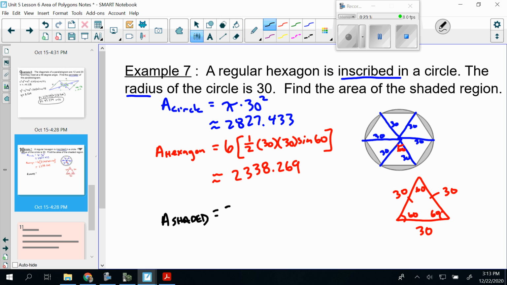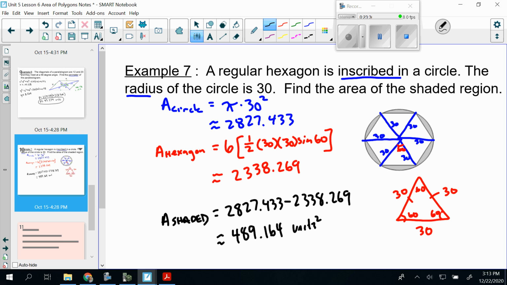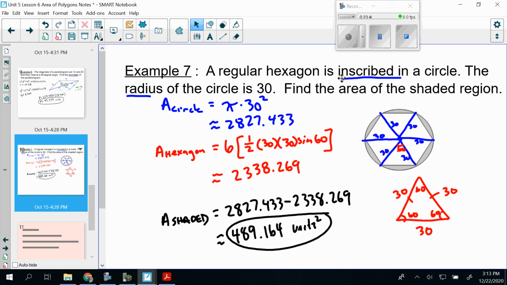So we want to take these two, subtract them, and we can get our answer. And so the area of the shaded should be about 489.164. So with most shaded ones, you're going to do some subtraction of the bigger shape minus the smaller shape.